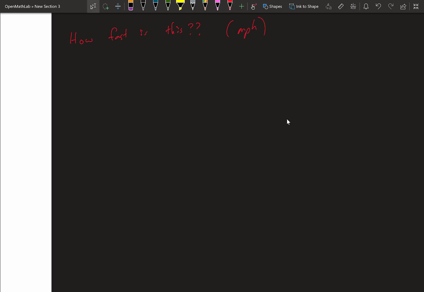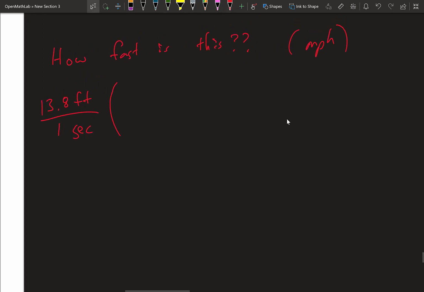So if I convert 13.8 feet per 1 second into miles per hour, I can use the idea of unit fractions. I want to get rid of feet and make this miles. There's 5,280 feet in 1 mile, so the feet are going to cancel, and right now I'm in miles per second.